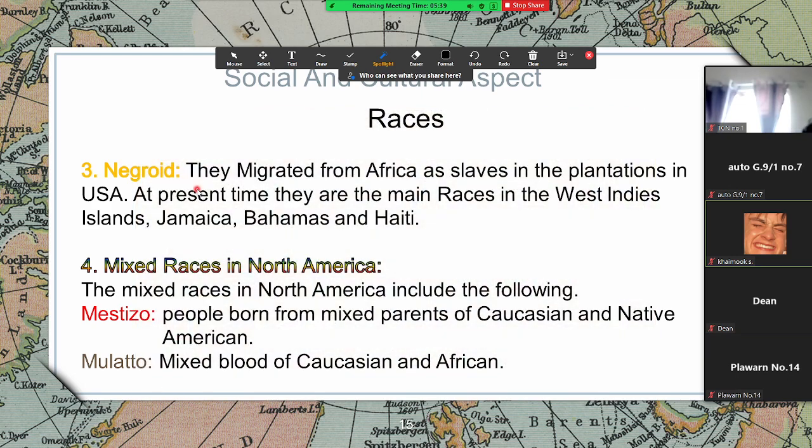Next, number 4, we have the mixed races in North America. The mixed races include the following.